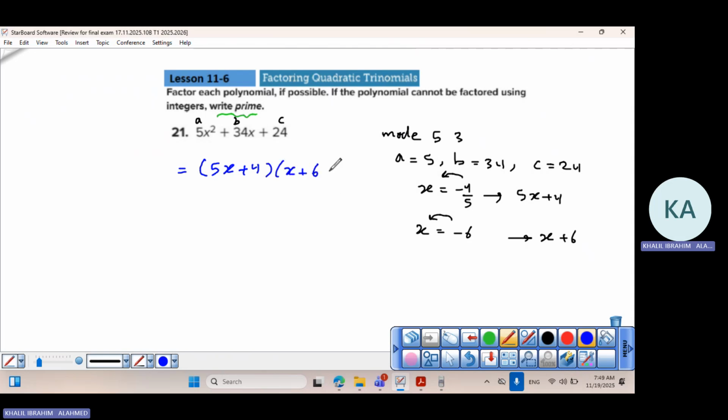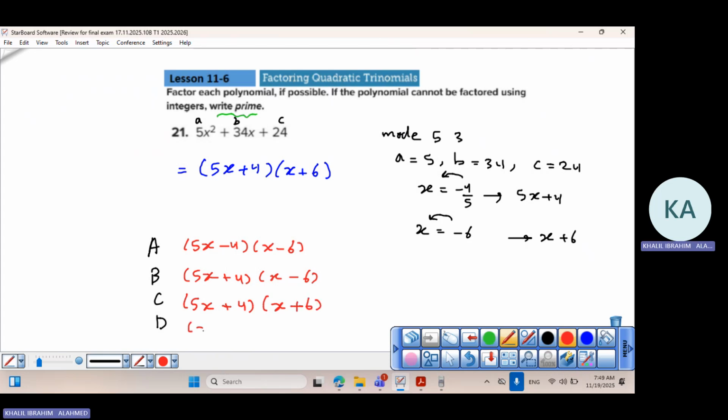How the question comes in the final exam, I will show you. Multiple choice, MCQs. Yes, A, B, C, D. The answer is 5x minus 4 times x minus 6, or 5x plus 4 times x minus 6, or 5x plus 4 times x plus 6.